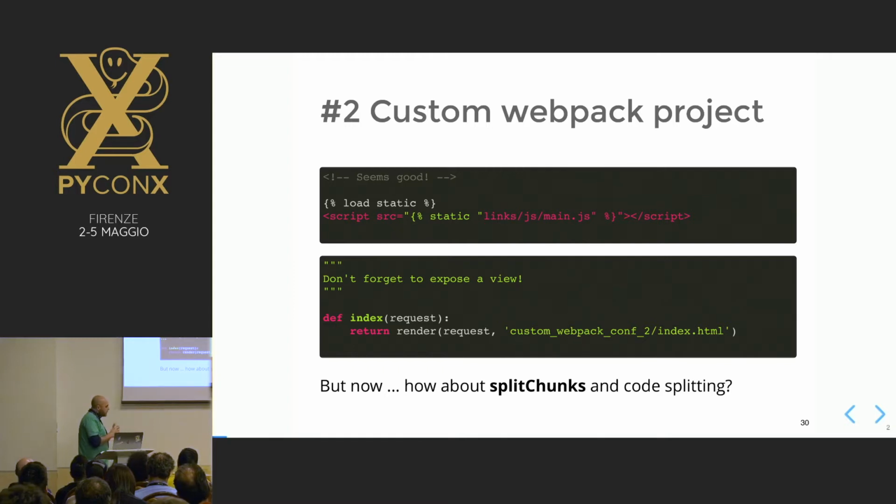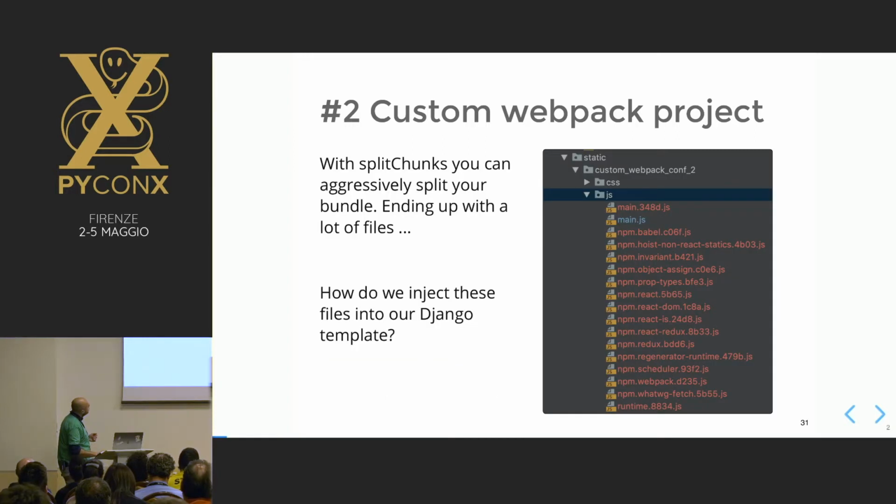At this point, in your Webpack configuration, you can use an option called split chunks. Split chunks is amazing, but you will end up with a lot of files. What split chunks does is split every dependency of the project into its own file.